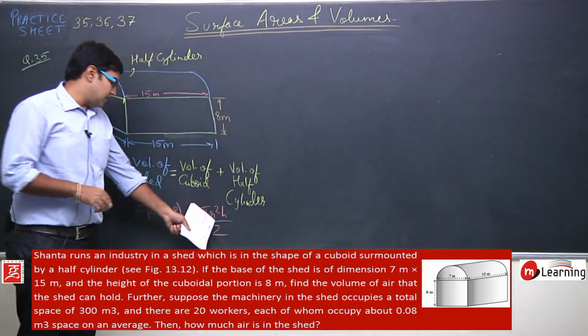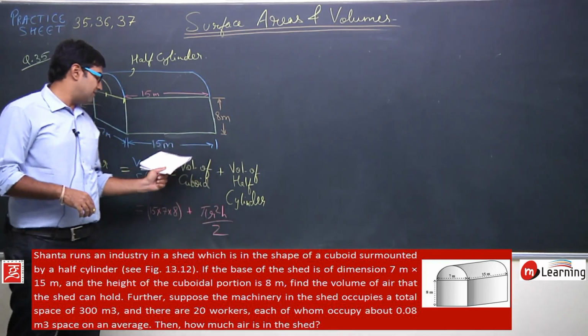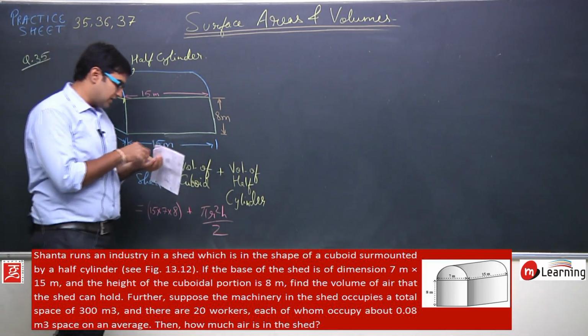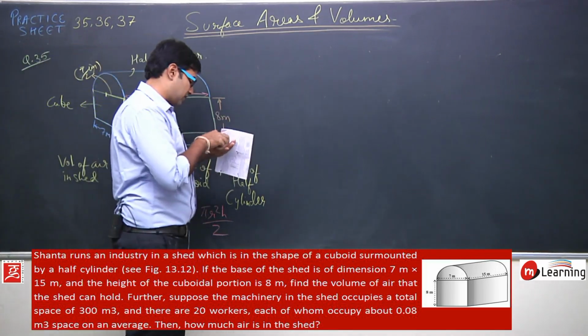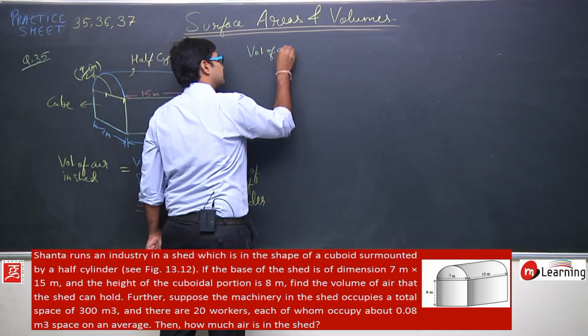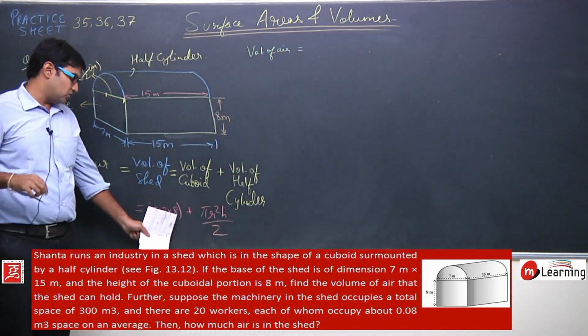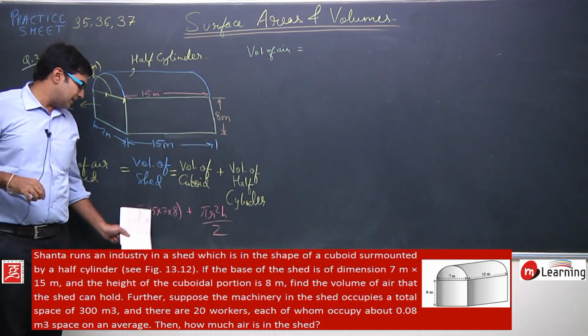So in place of radius I can write 7 upon 2, and in place of height the height will be 15. So let us calculate the volume. So volume of air is equal to, this is 15 into 7 into 8. So let us multiply 8 and 15.